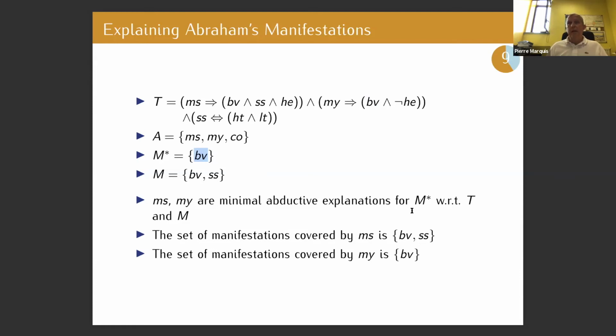And as you can check here as well, the sets of manifestations covered by the two diseases are not the same ones. The set of manifestations covered by Marfan syndrome consists of both blurred vision and Steinberg sign, as I explained previously, while the set of manifestations covered by myopia is just blurred vision.